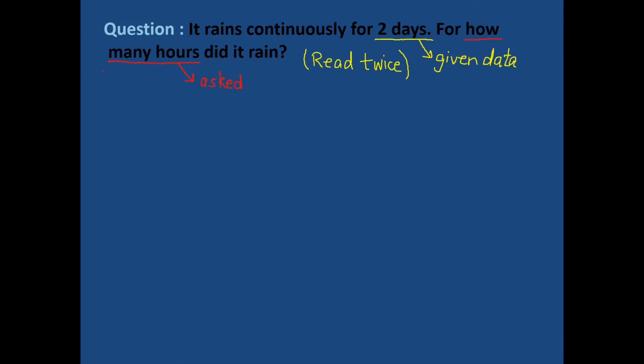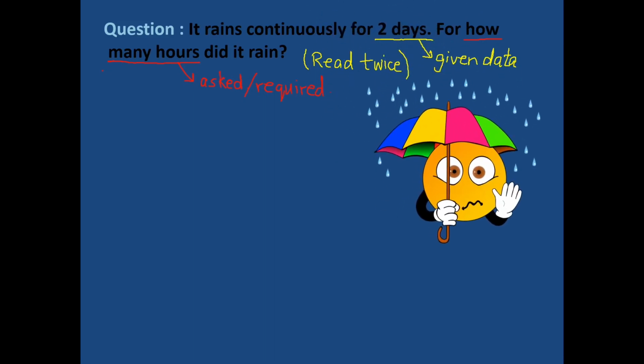So now we know that we have to convert from days that has been given to hours that has been asked or required. Once we know our data, that is the given and the required information, we'll start solving the problem.